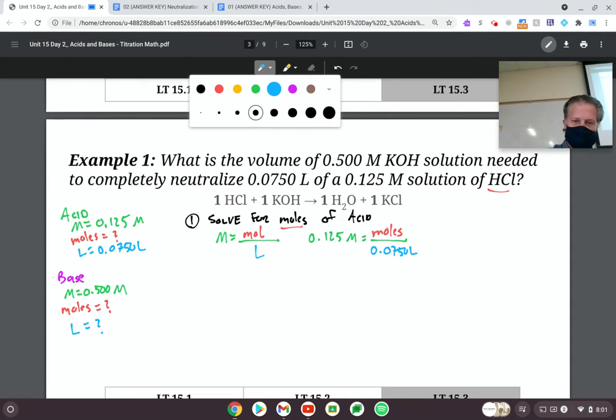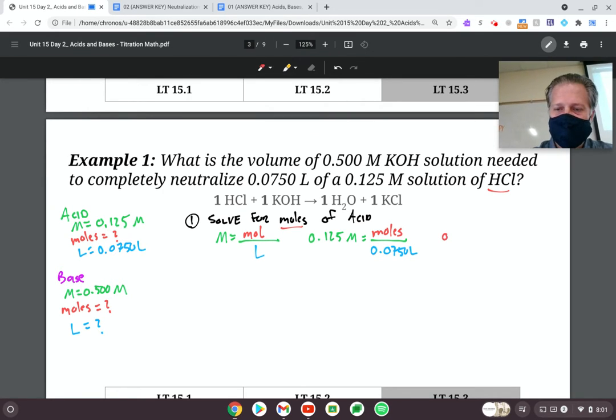I solve for moles by multiplying both sides by 0.075, so 0.075 times 0.125, and I get 0.009375 moles of HCl.